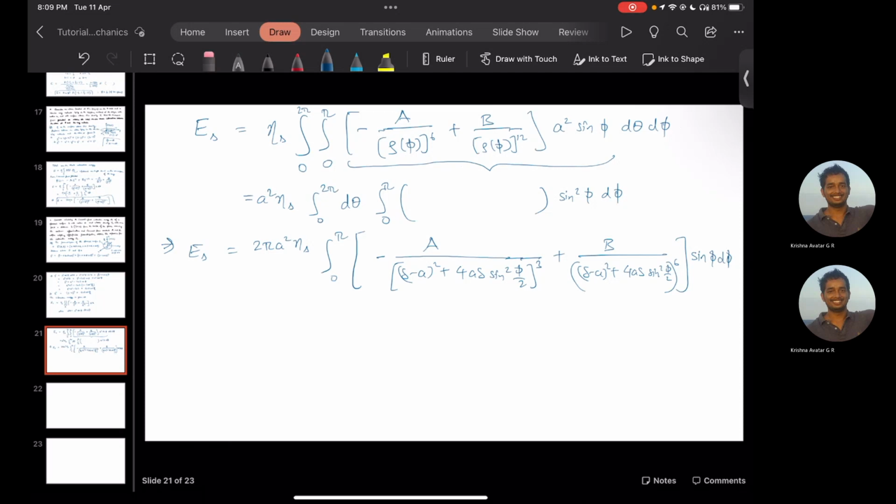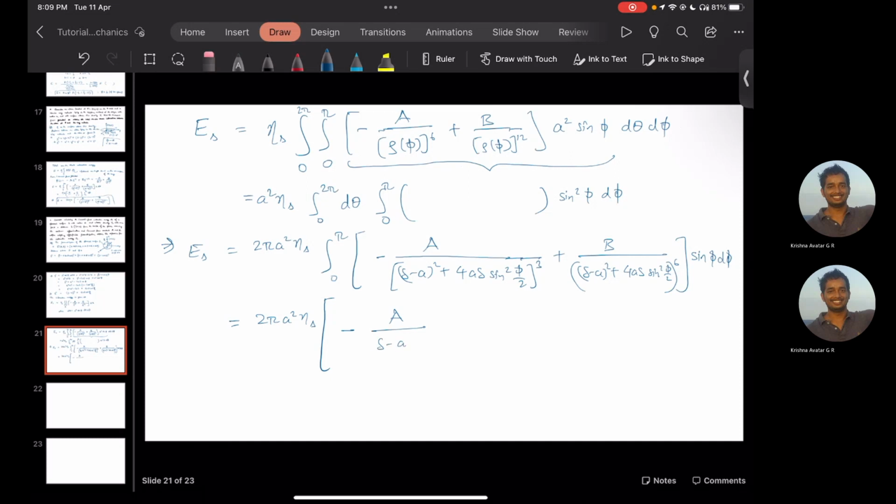Now let's separate it into two integrals. So we'll have 2 pi a squared eta of s minus, and then let's do some trick. We'll take del minus a squared out of this denominator.